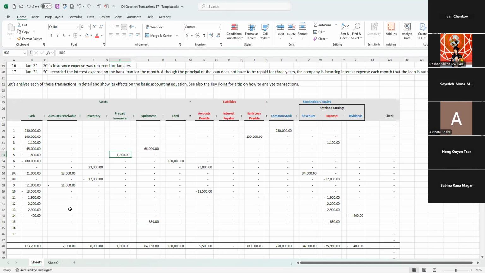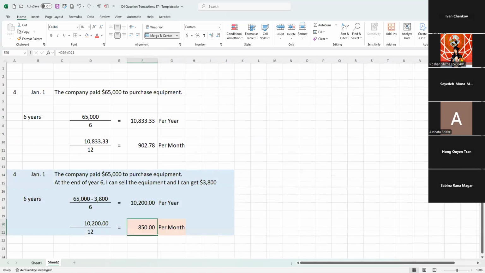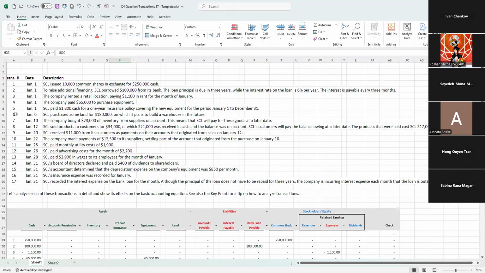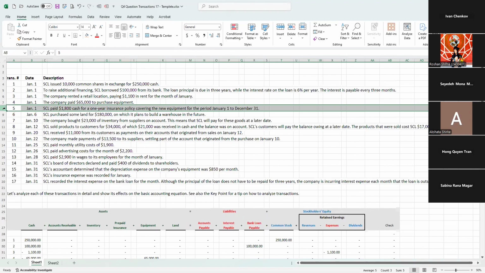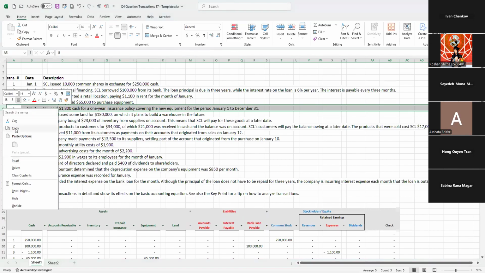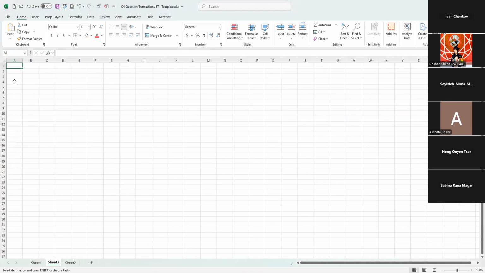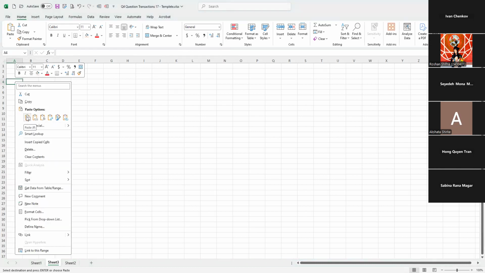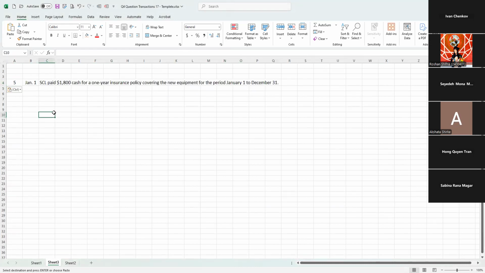Make sense? So now the question is, let's bring this one here and put it on the new Excel. We purchased this insurance for 1 year, from January to December 31st. We already have 1 month passed. January is gone.